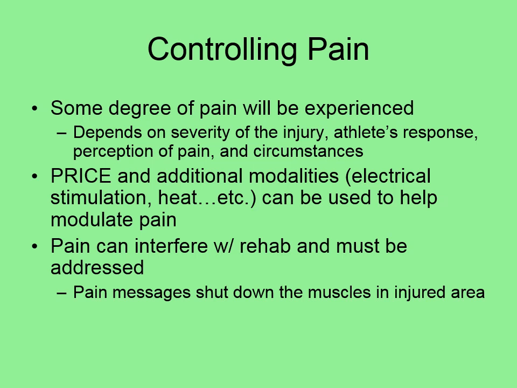One time I saw a little 12-year-old girls lacrosse player on the field, and she had a mild to moderate ankle sprain. It wasn't that bad. And she was just sobbing, and it was 10 out of 10 pain. It was the worst pain she's ever imagined. When I told her, 10 out of 10 pain means you want to die to stop it, she said, I want to die to stop it. But most people with a moderate ankle sprain would tell you it was a moderate amount of pain, more like a 5 out of 10.